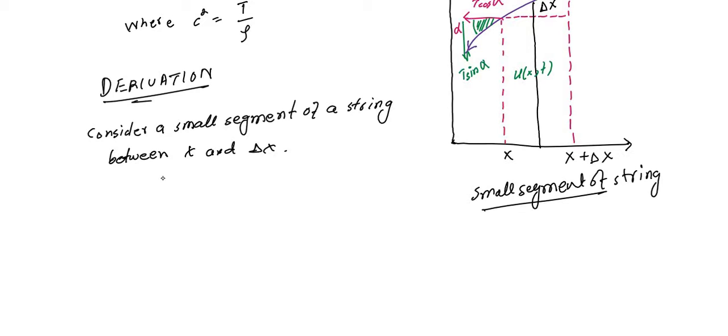Another assumption is that the string is not moving horizontally; all of its movement is vertical.